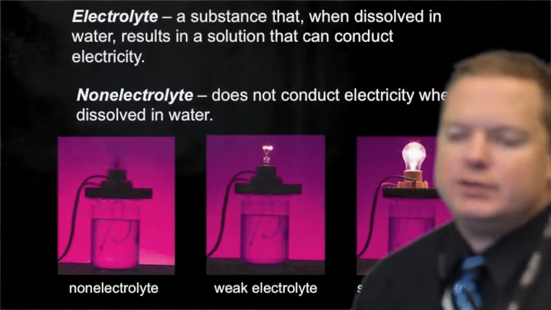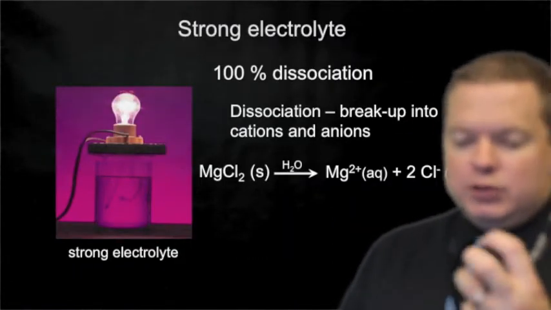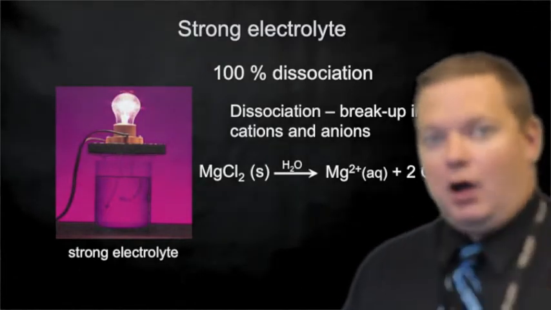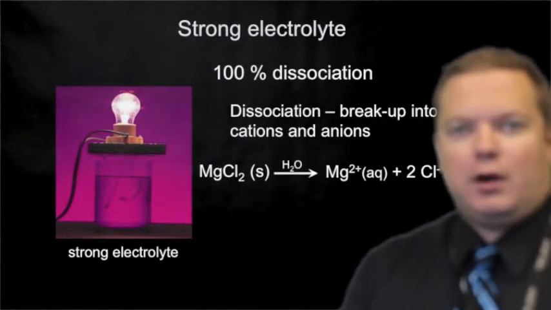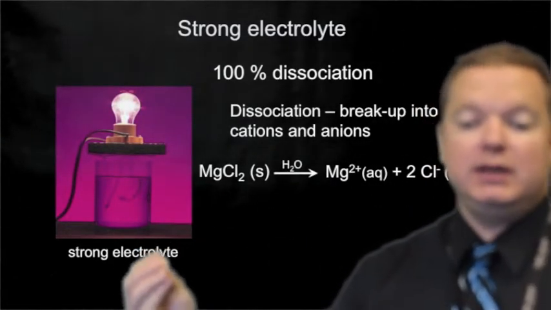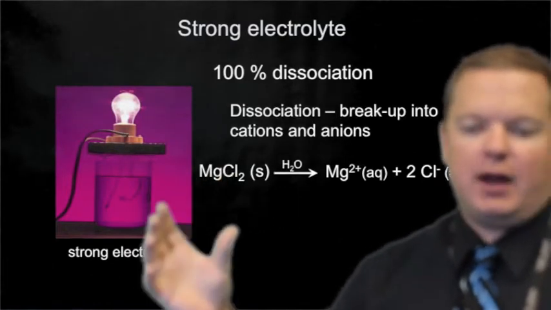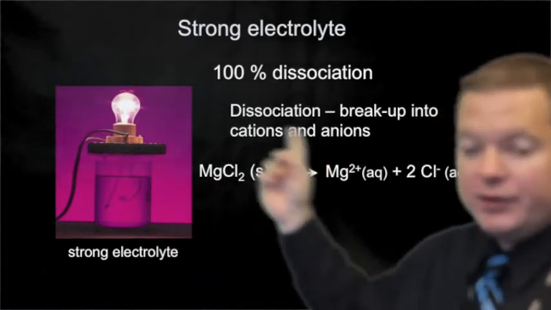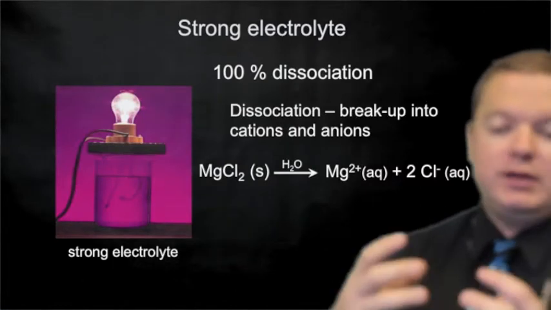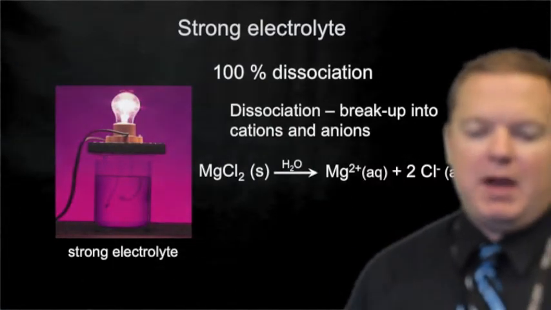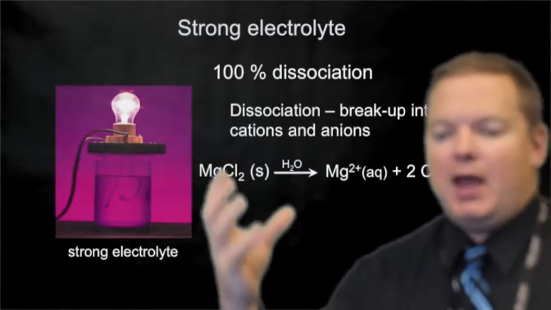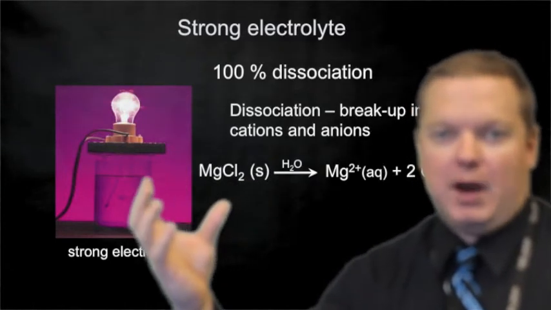So let's look at each one of those in more detail. Strong electrolytes, when dissolved in water, break apart completely into their cations and anions. For example, magnesium chloride, when it dissolves in water, gives us magnesium 2+ ions and chloride 1- ions.